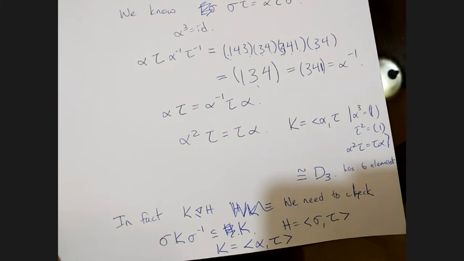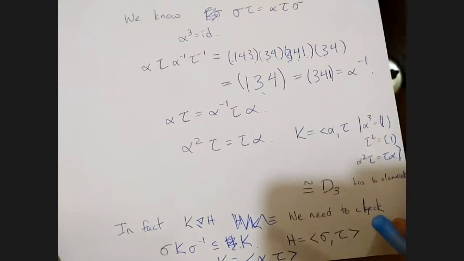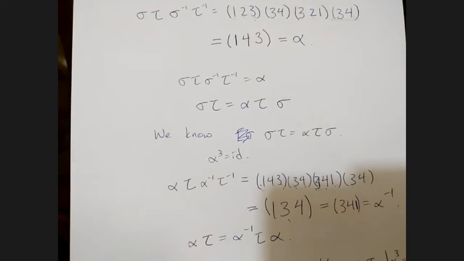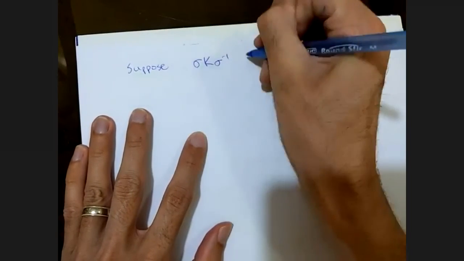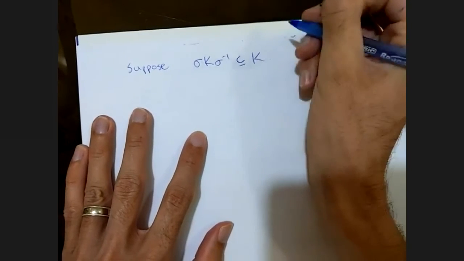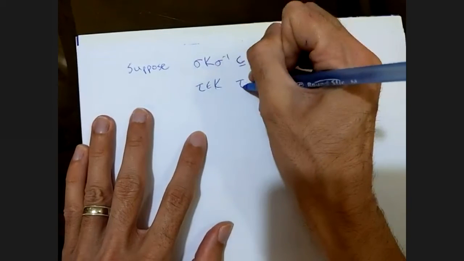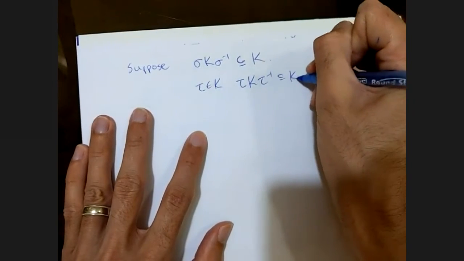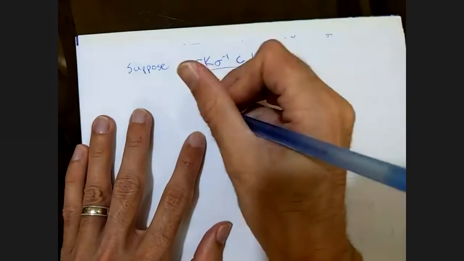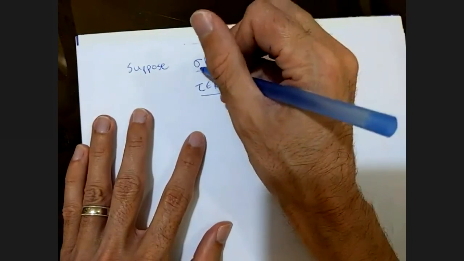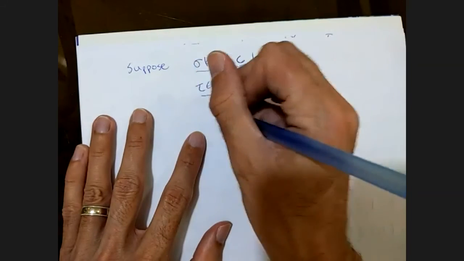Okay. So let's suppose sigma K sigma inverse is contained in K. Now tau is in K, so of course tau K tau inverse is also in K. If we show this and we know this, then anything in H is some combination of sigma and tau, right?